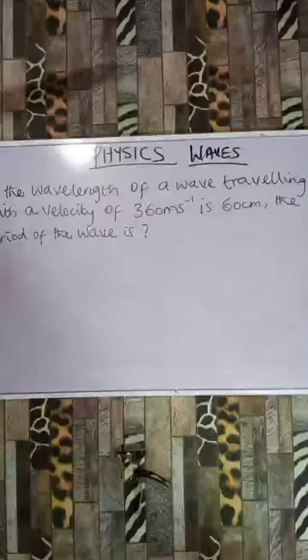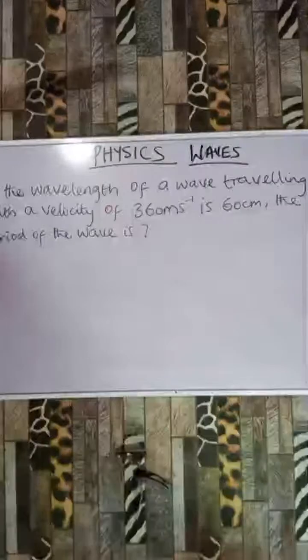So let's look at this. The wavelength of a wave traveling with a speed of 360 meters per second is 60 centimeters. The period of the wave is what?